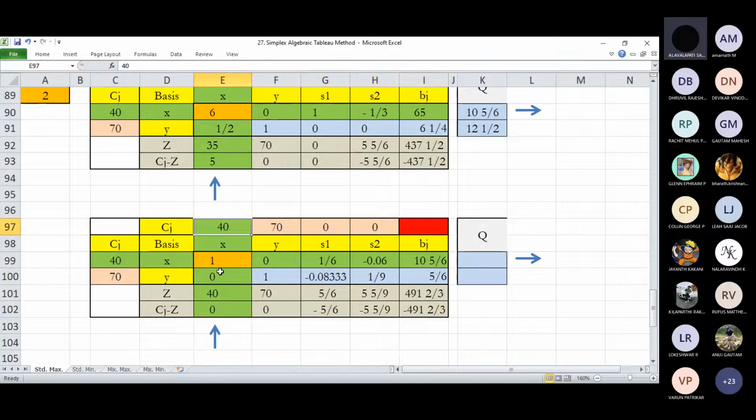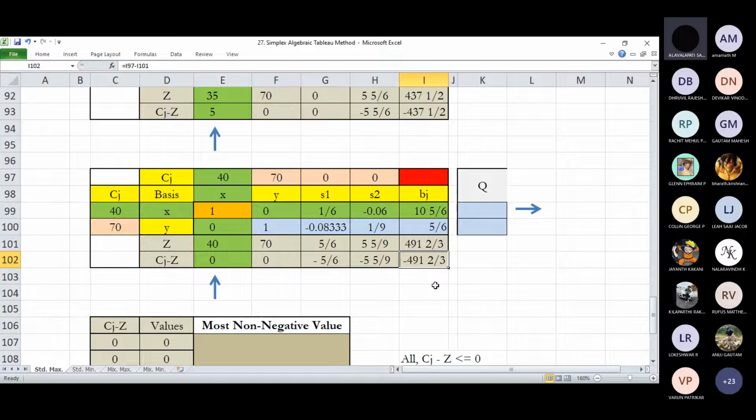Then Cj minus z value: 40 minus 40 is 0, 70 minus 70 is 0, 0 minus 5 by 6 is minus 5 by 6, 0 minus 5 by 9 is minus 5 into 5 by 9, and this will become minus 491 into 2 by 3.